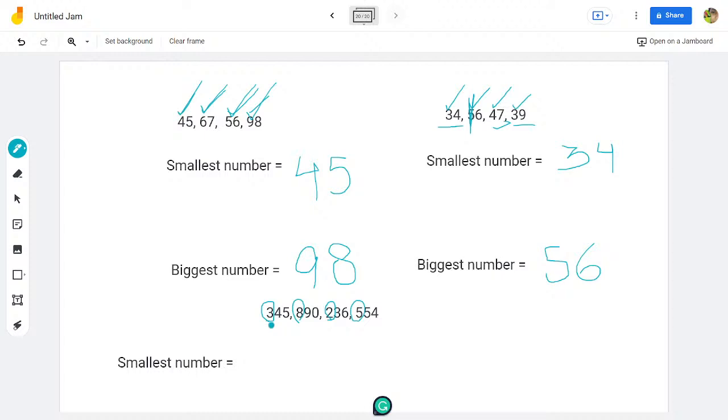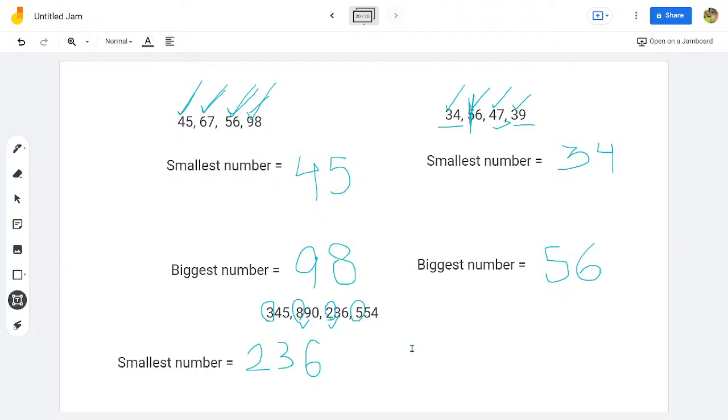So 8 is the biggest and 2 is the smallest. 2 सबसे छोटा है, 8 सबसे बड़ा है, which means 236 is the smallest number. 236 सबसे छोटा number है, because 200 जो है वो 500, 800 और 300 से छोटा है.